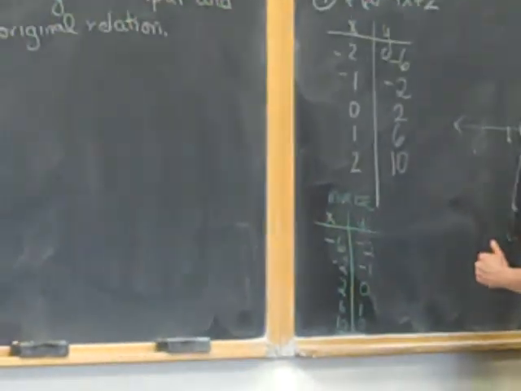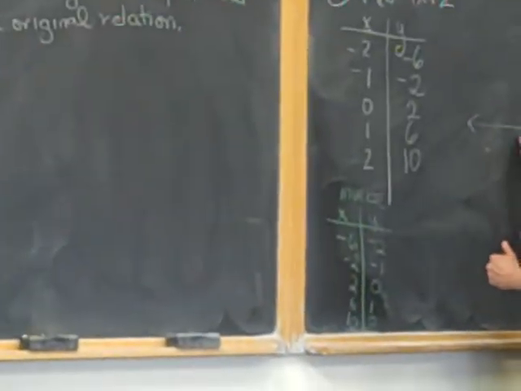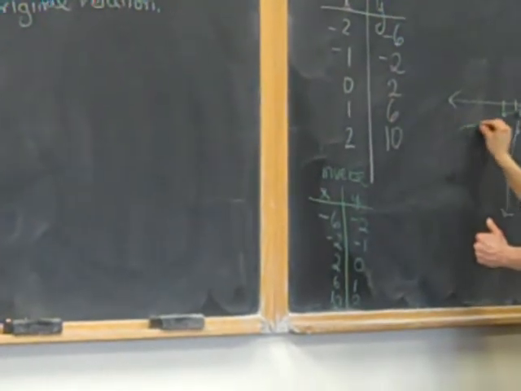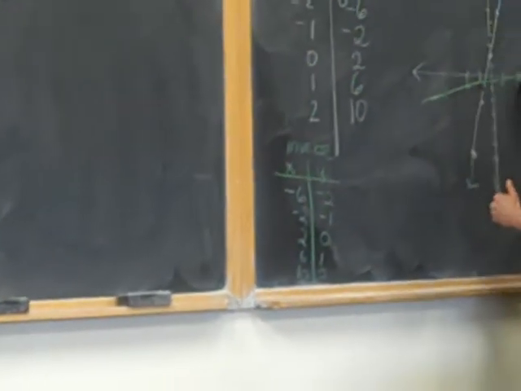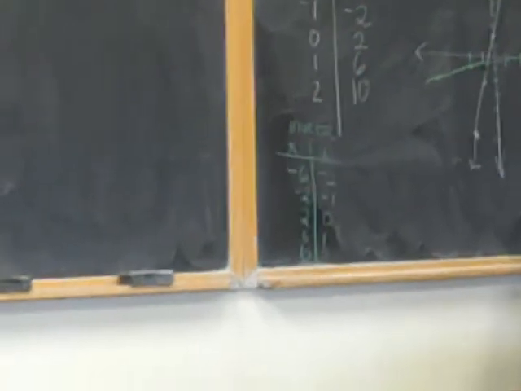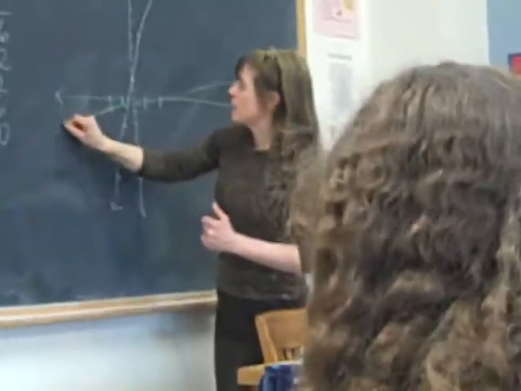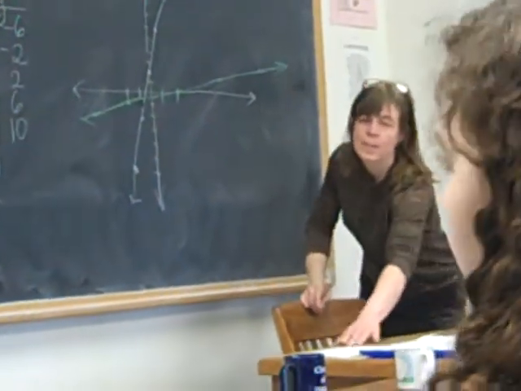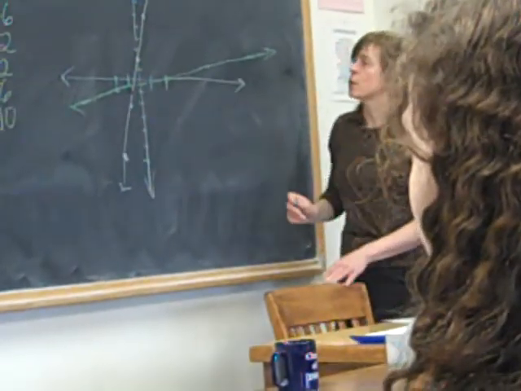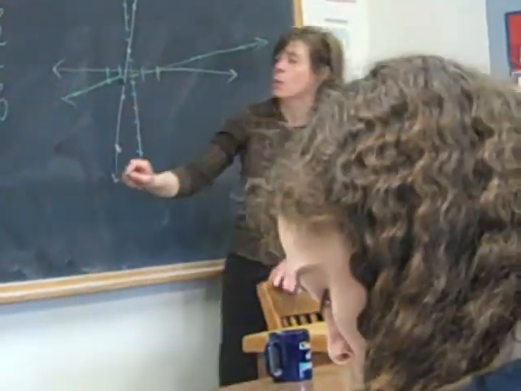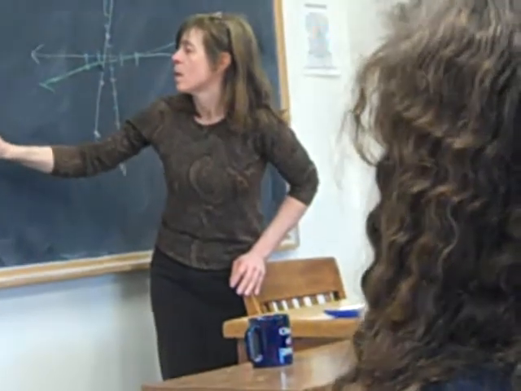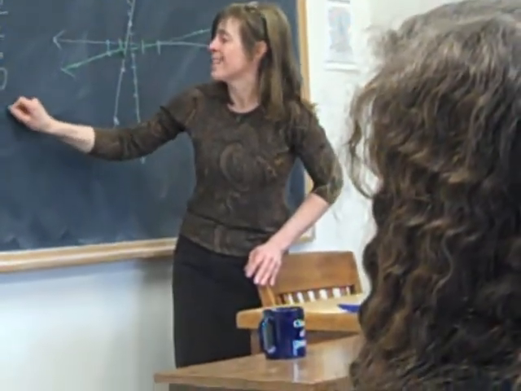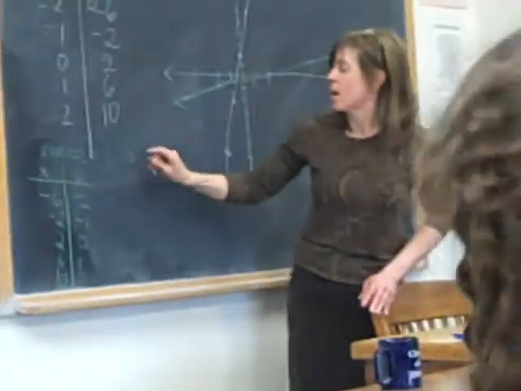The green line that I'm drawing would be the inverse of our original function, and we usually denote the inverse by f to the -1 of x.